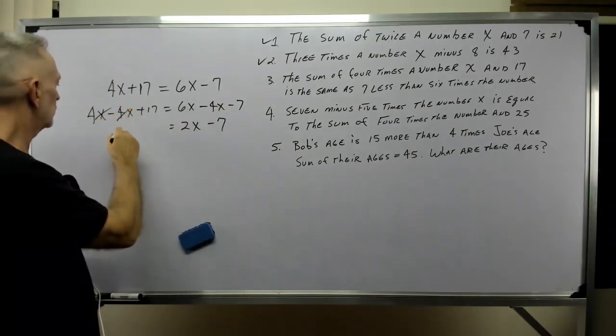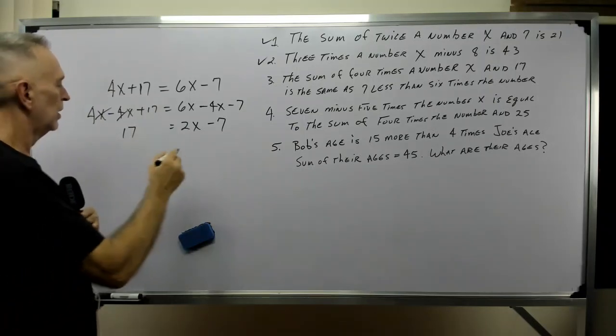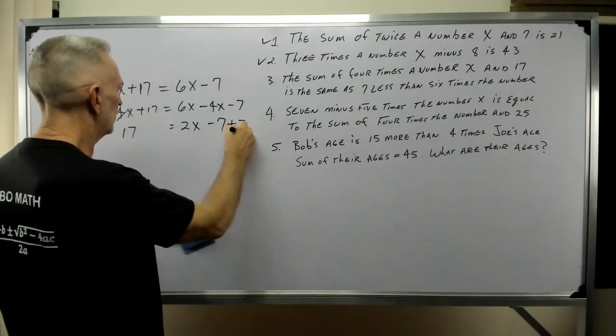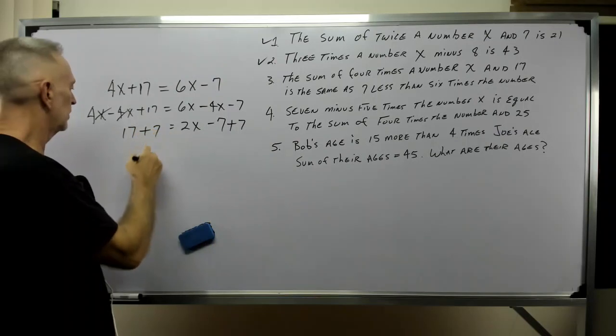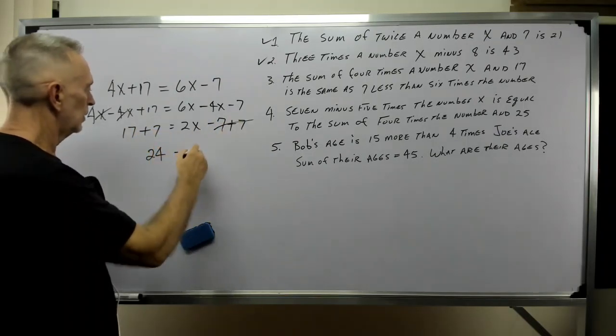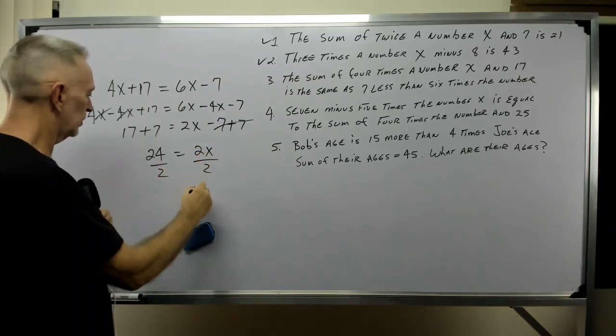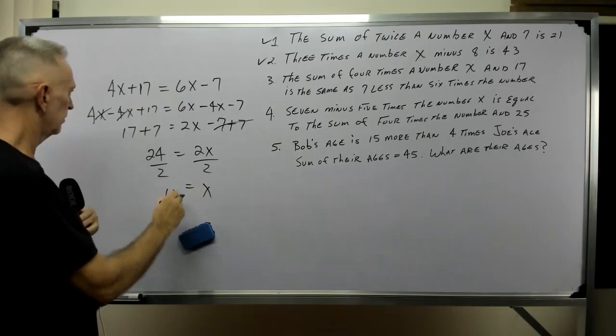These cancel, so now I have 17 equals 2x minus 7. Okay, I'm going to add 7 to both sides. What does that give me? 24 equals 2x. Divide both sides by 2, so x equals 12.